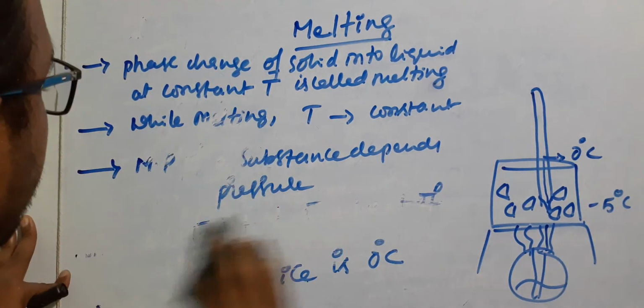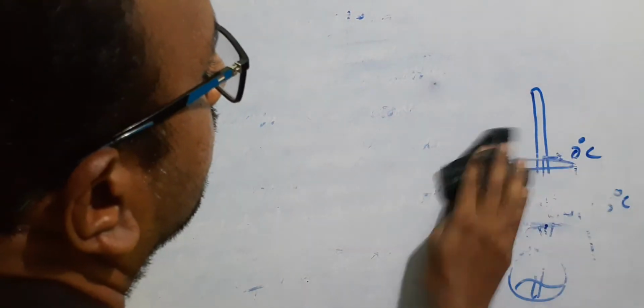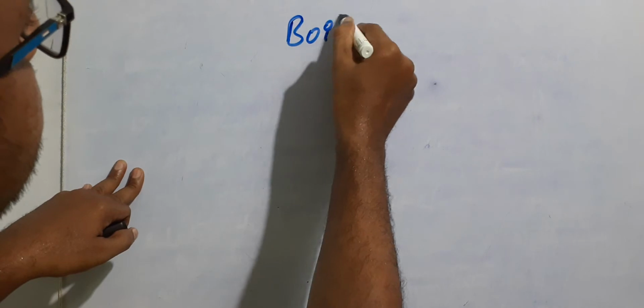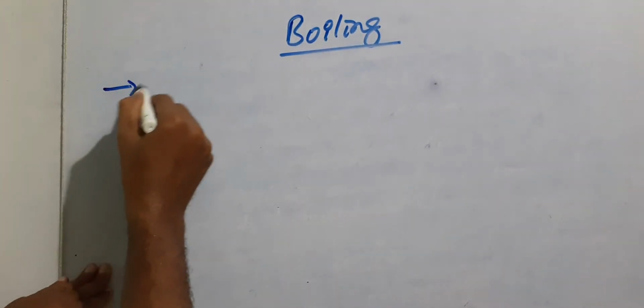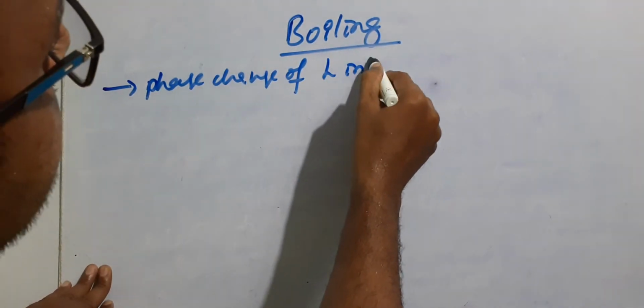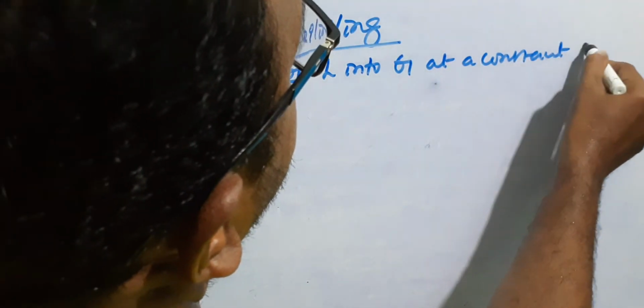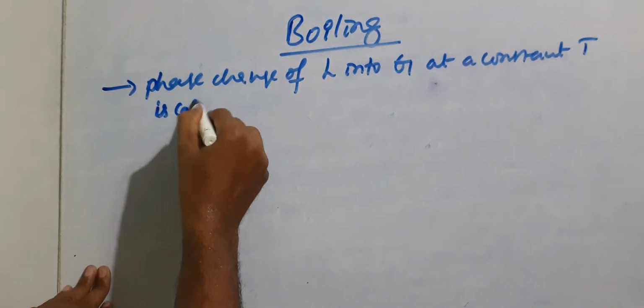Next, what about boiling? So boiling. The phase change of liquid into gas at a constant temperature is called boiling.